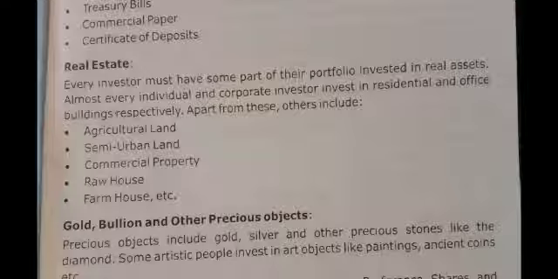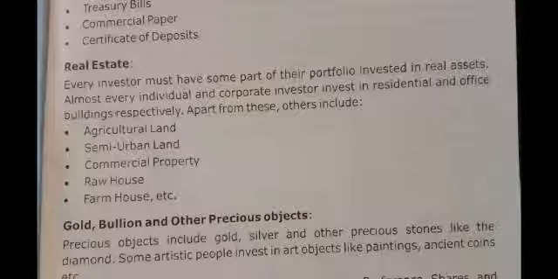These are fixed assets which are sellable, and you can invest money in agricultural land also. There are several banks that will provide money for you, and individually you can invest in various fixed assets. Every investor must have some part of their portfolio invested in real assets.